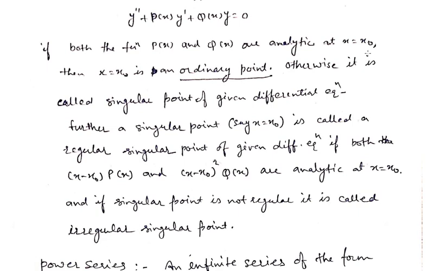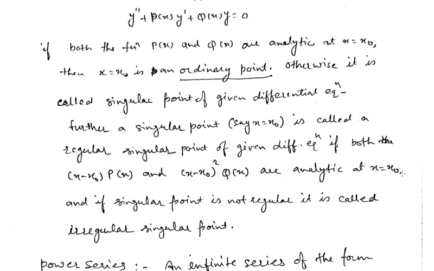When x equals x naught is not an ordinary point, what we do is multiply p(x) with x minus x naught and multiply q(x) with x minus x naught whole square. And if these functions (x minus x naught) p(x) and (x minus x naught) square q(x) both are analytic at the point x equals x naught, then we say this singular point x naught is what?